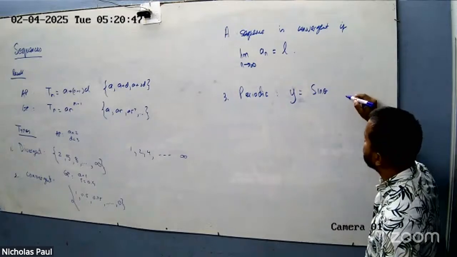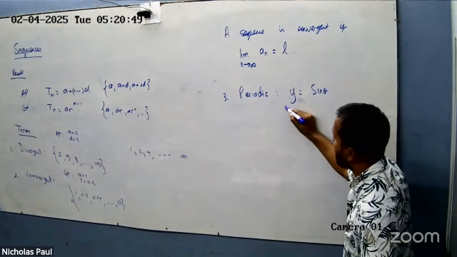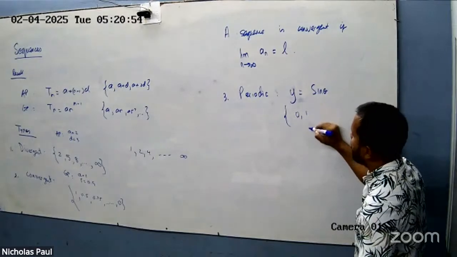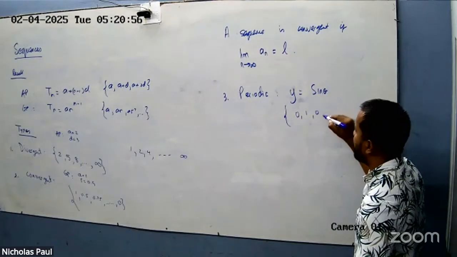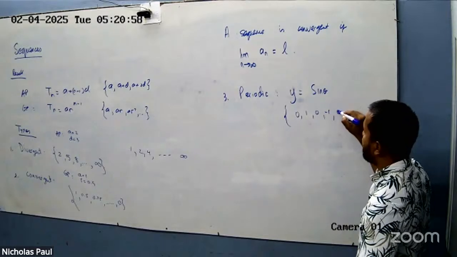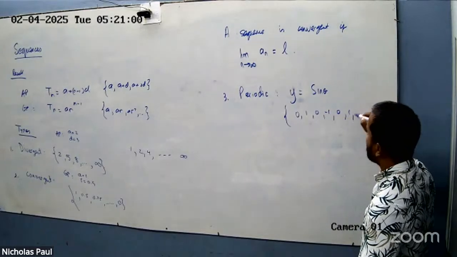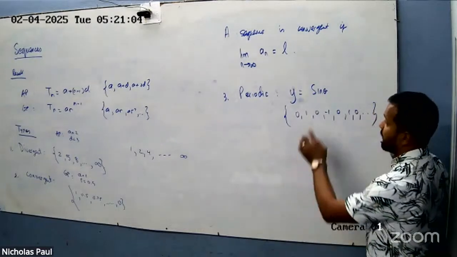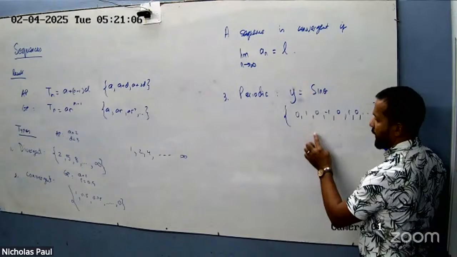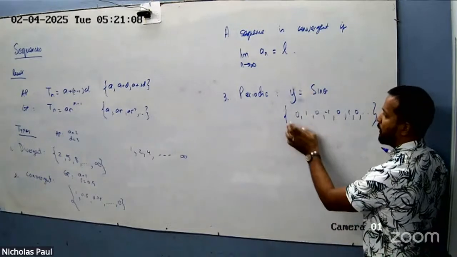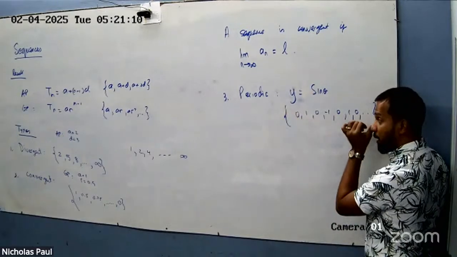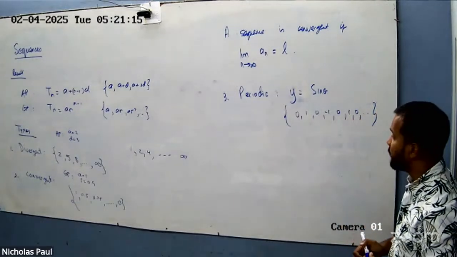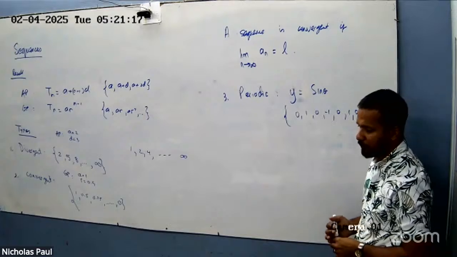It might look something like this: you start at 0, go up to 1, come back to 0, go down to -1, come back to 0, then go back to 1, and so on. So the sine function is an example of something that's periodic, and a periodic function behaves like that.